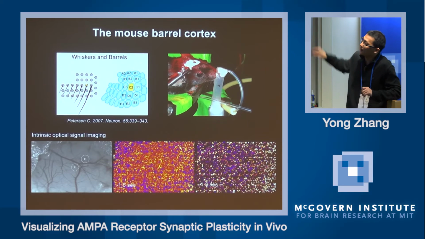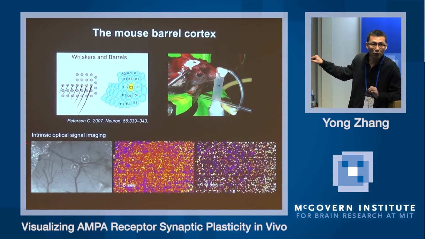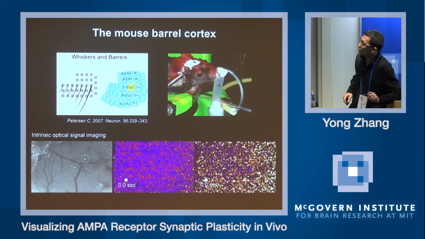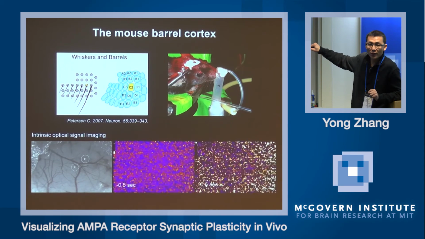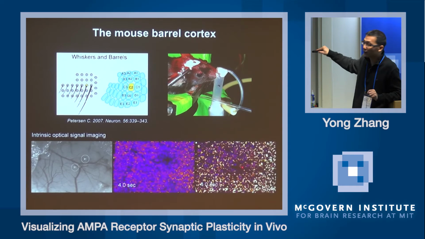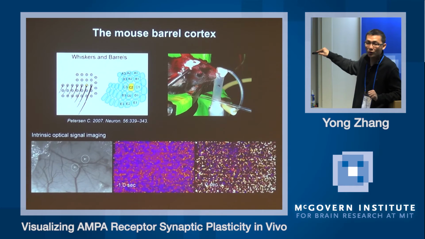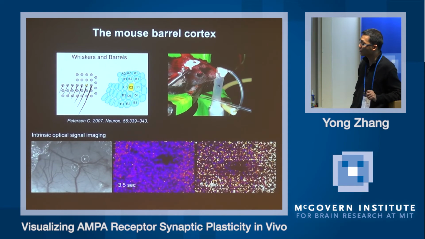On top of that, we can use intrinsic optical signaling to map out individual barrel columns. As I show you here, if you deflect one whisker, you'll detect a corresponding region in the brain. If you deflect a different whisker, a different region responds to the whisker deflection.